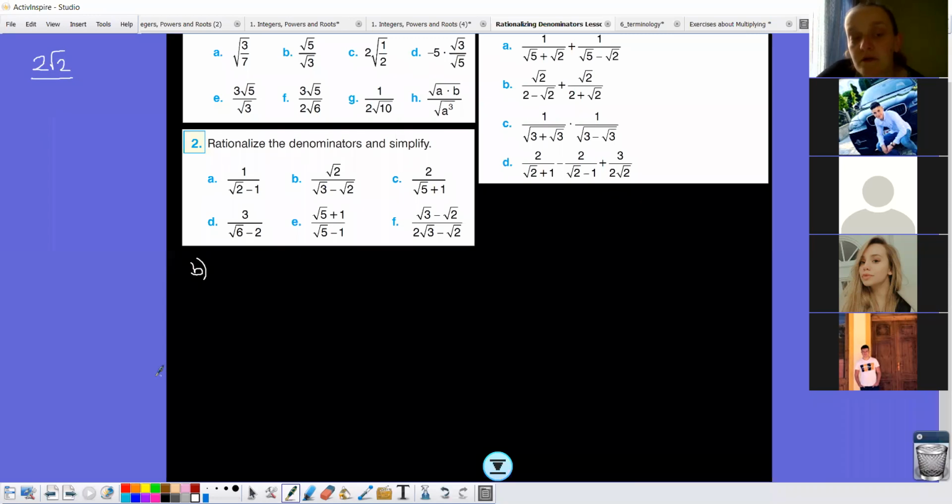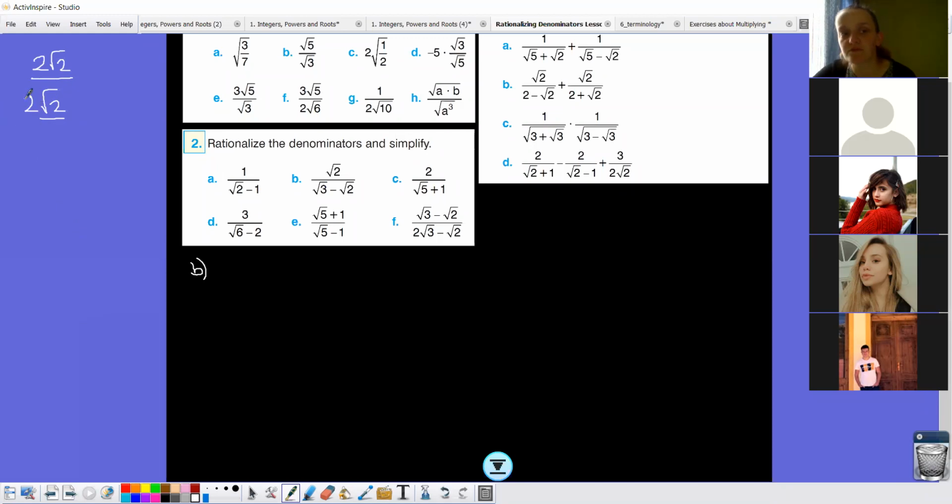Teacher, my answer is root of 2 only. The others? No, 2 root of 2, sorry. My answer is the same as Eva's. 2 root of 2. 2 root of 2, teacher.